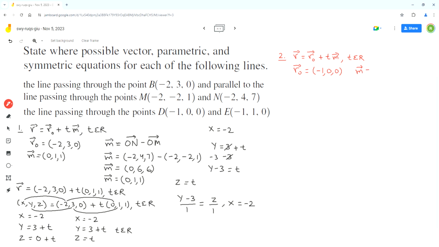We should subtract the position vectors of the 2 given points. I'm doing position vector OE minus position vector OD, but we can also do OD minus OE. For position vector OE, I'll use point E. And for position vector OD, I'll use point D.